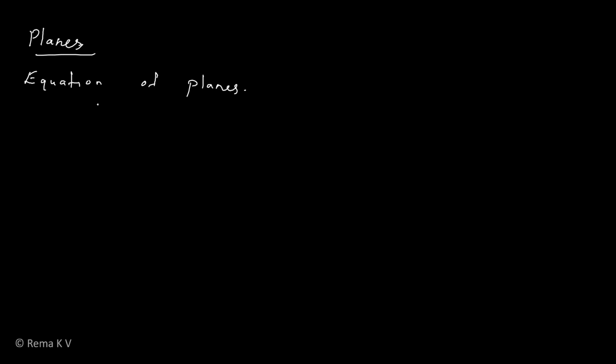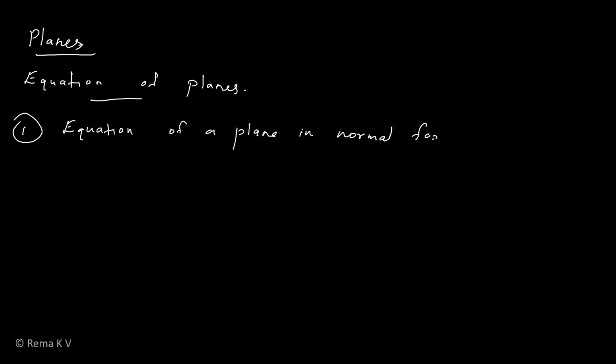In the case of lines, two different cases. Here three different cases are there. Of that, the first one is equation of a plane in normal form. This is the first case.